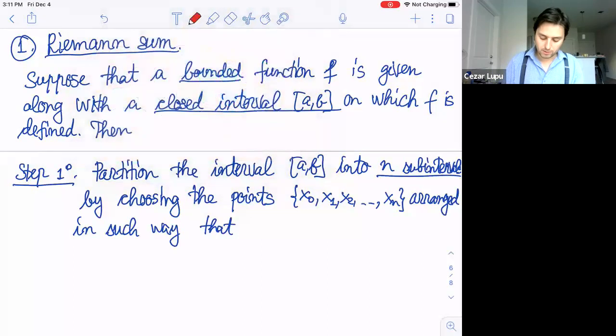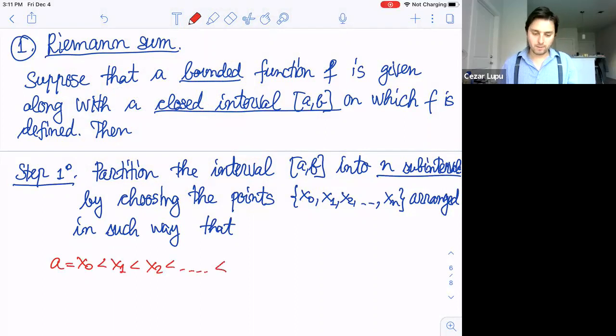A will be x0, and this will be less than x1, less than x2, and we keep going, less than xk minus 1, less than xk, and we keep going all the way to xn minus 1, which is less than xn, which is b.